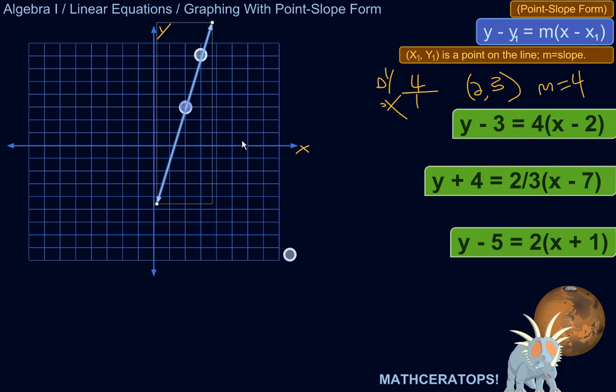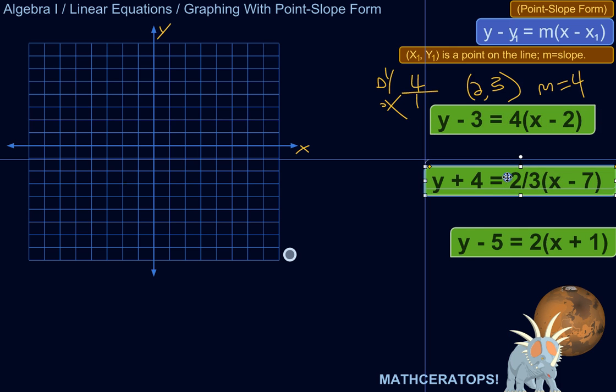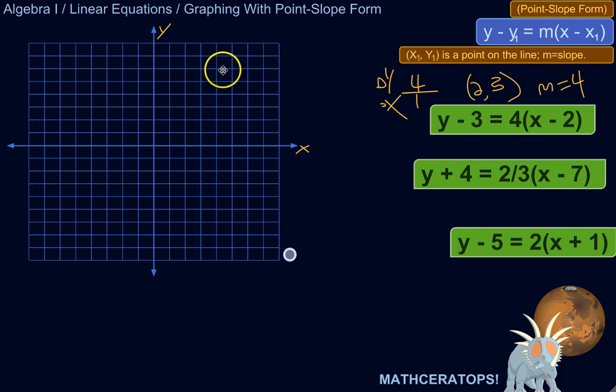All right, let's try another one. So now, okay, pay attention. I did this purposely to try to trick you, but then I was going to tell you how not to be tricked by me. I have y plus 4. The form of the equation is y minus the y coordinate.